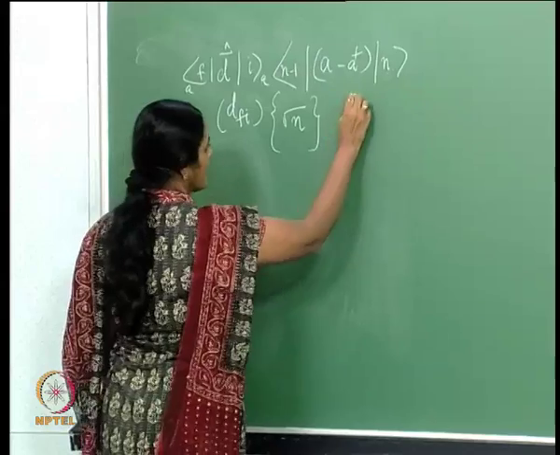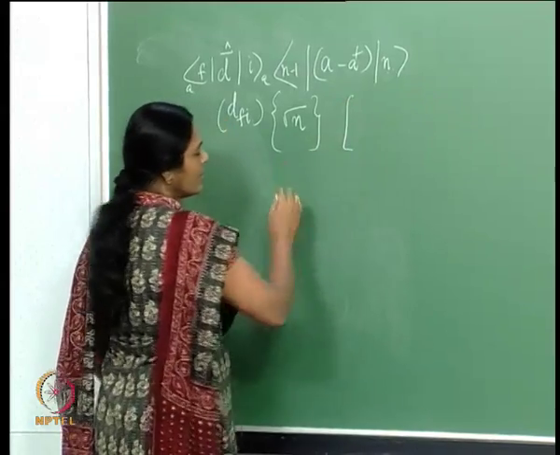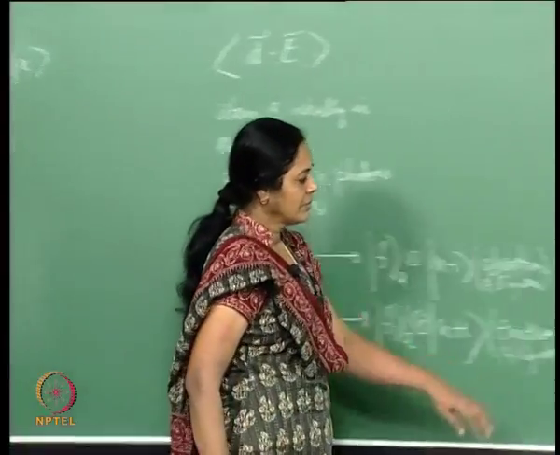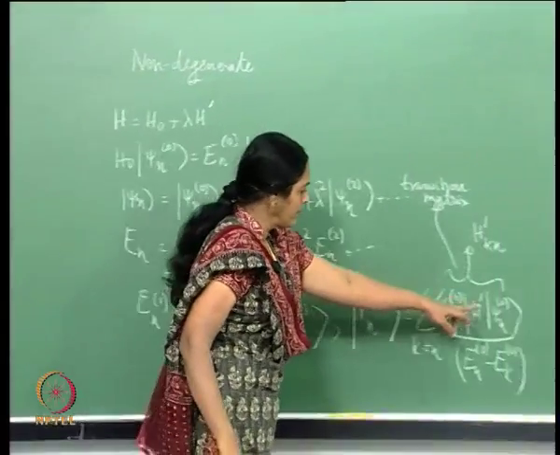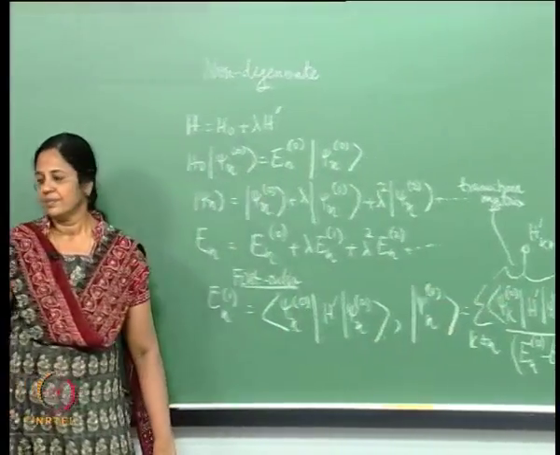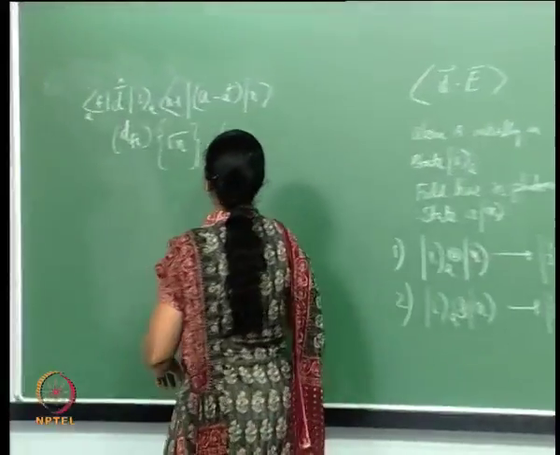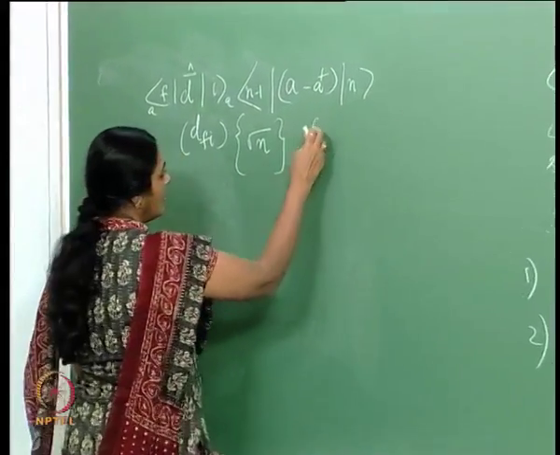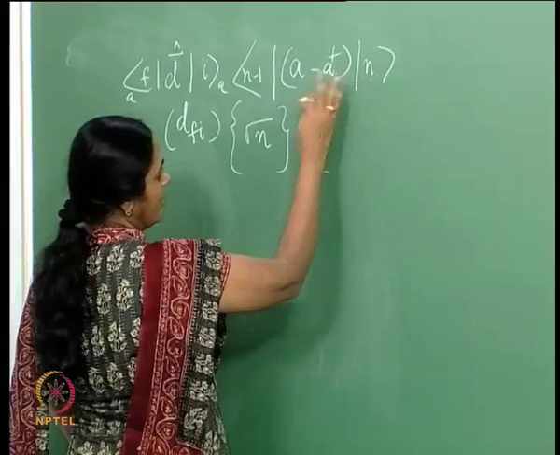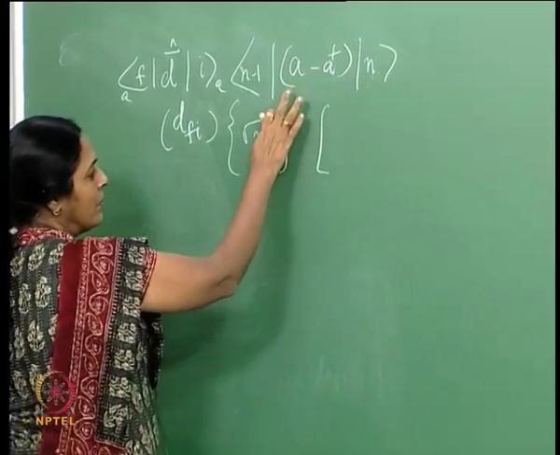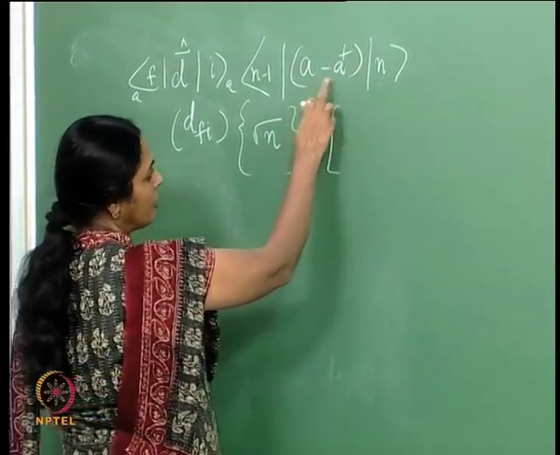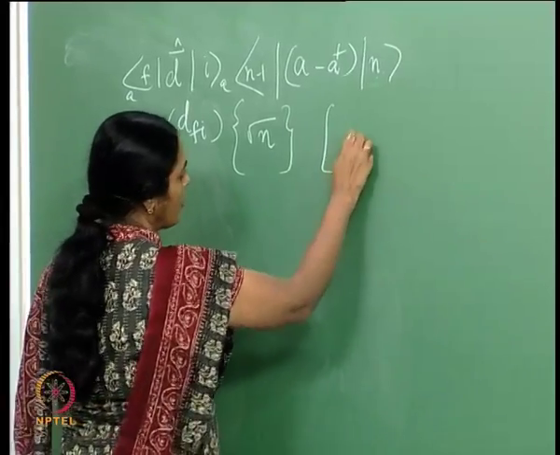So, I have this, and this is the term H prime psi n psi k, or the transition element contributions that come from H prime in the case of absorption.